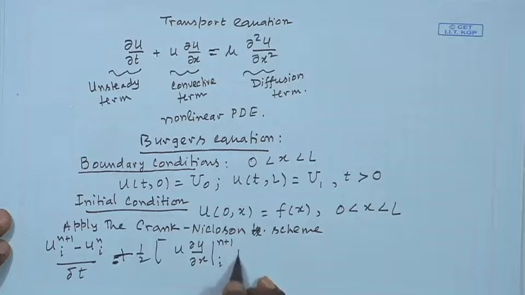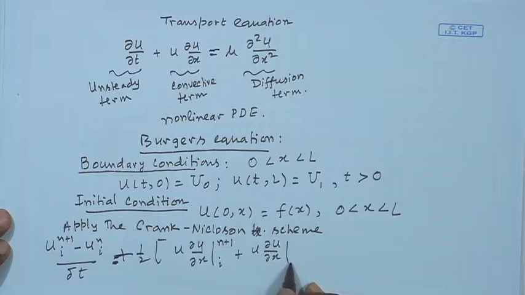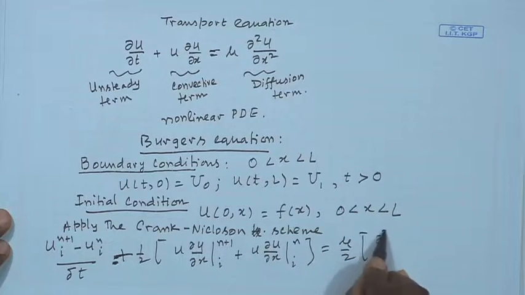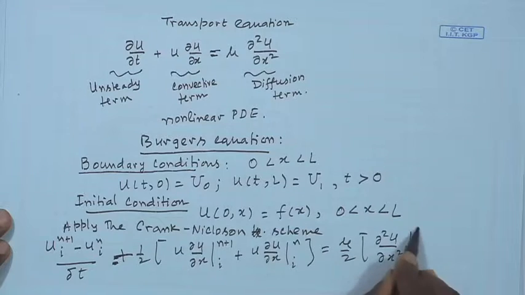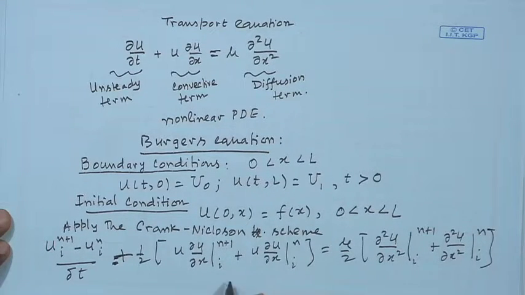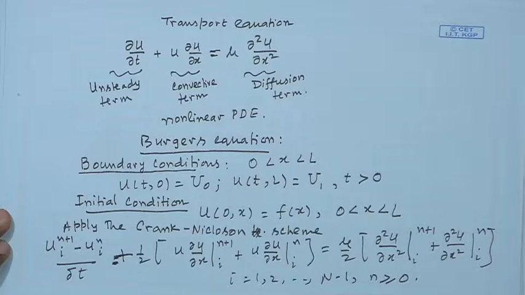We are integrating between n plus 1 and n, using the trapezoidal rule to make the integrations, and this is mu by 2 times del 2 u del x 2 at n plus 1 i, and del 2 u del x 2 at n i. This is the implicit part and this is the explicit part. The grid points i are 1 to N minus 1 and n is greater than or equal to 0.